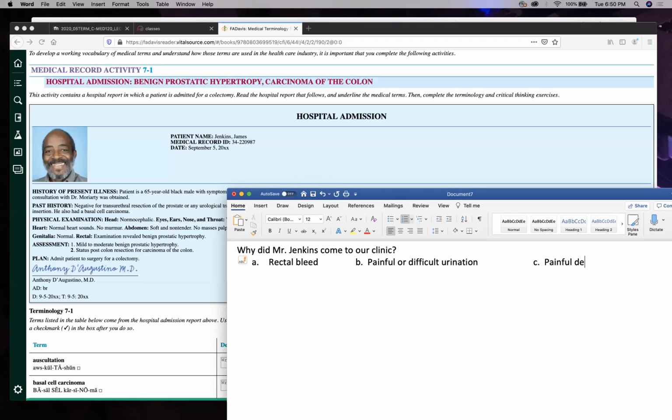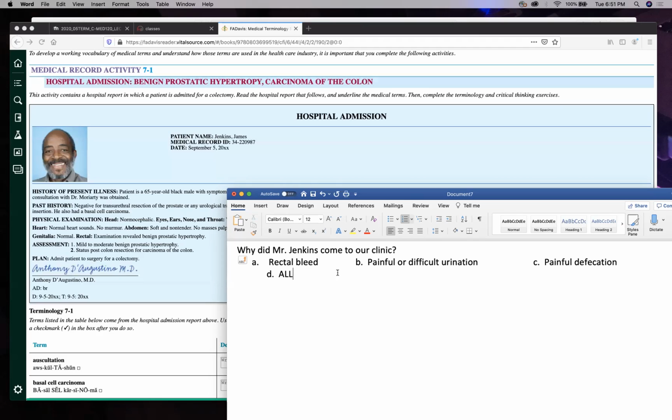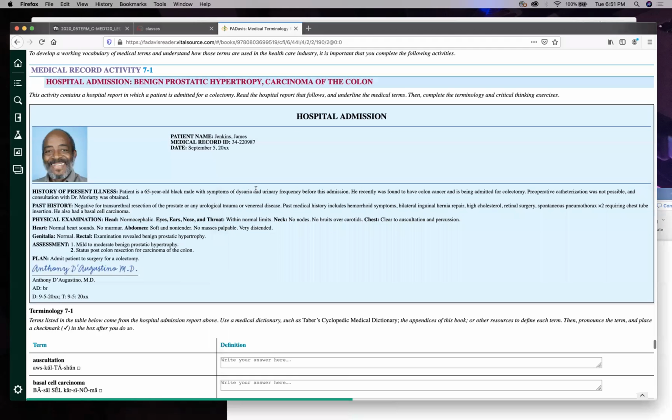Painful, or D, all of the above or none of the above. So of course, you look at this case and ask yourself, well, he had dysuria and urinary frequency, so the best answer is, of course, painful or difficult urination. And that's what dysuria is.